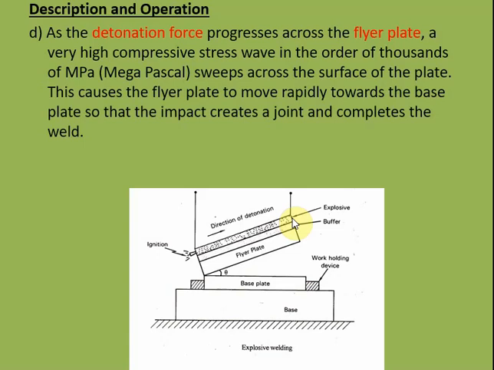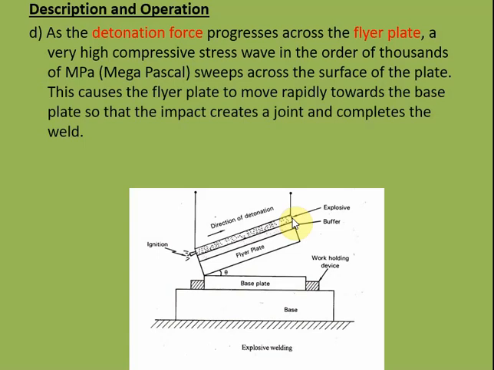This very high compressive pressure causes the flyer plate to move rapidly towards the base plate, so that the impact creates a joint and creates the weld. So it is kind of an impact force weld. The use of explosive material is to generate the compressive impact, and that impact force is too high, in the order of thousands of megapascal.